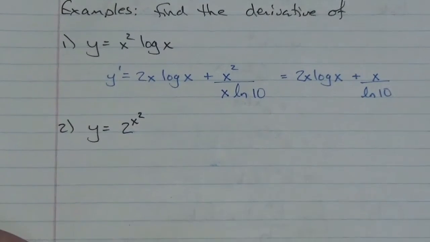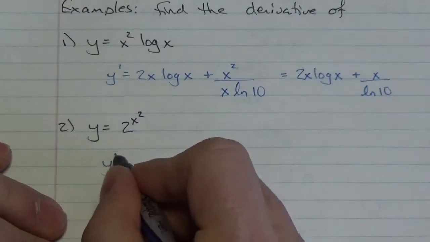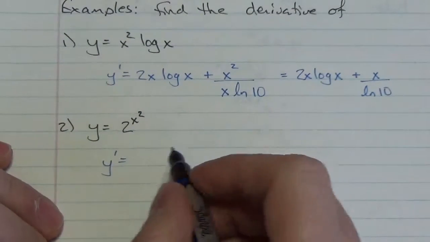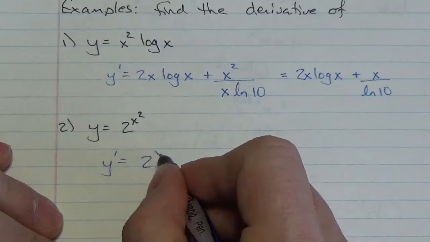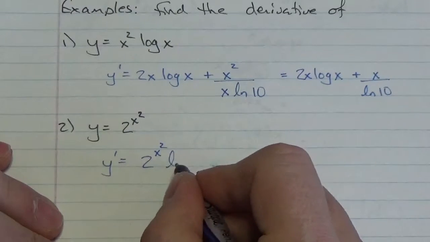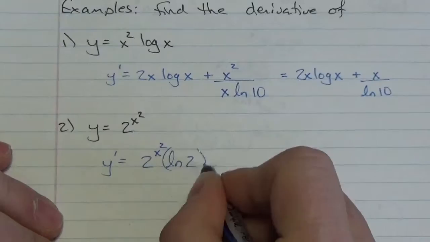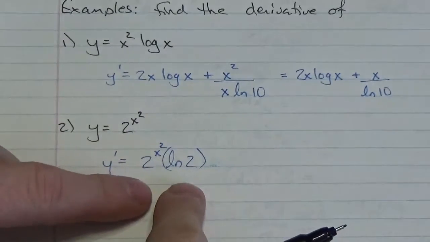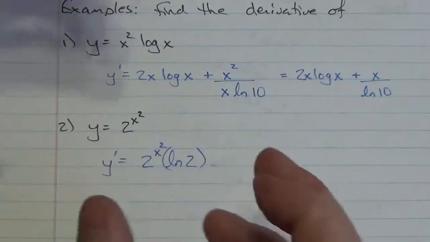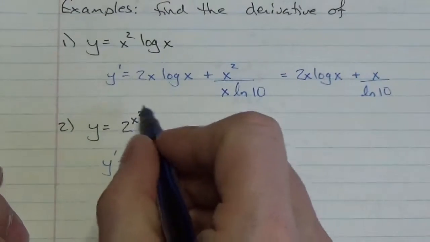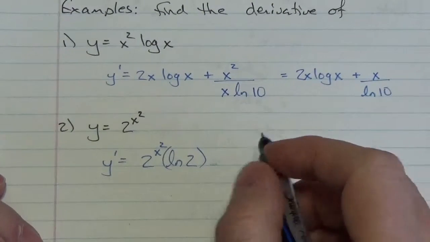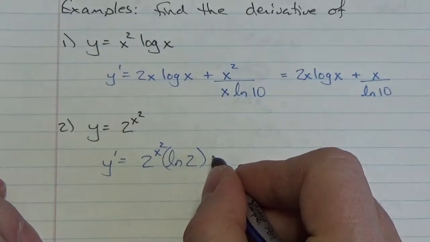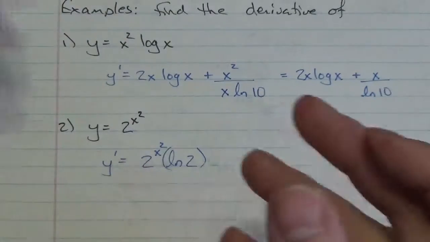Here, for this one right here, similar sort of a pattern. The derivative of my exponential function is going to be the exponential function multiplied by the natural log of the base. Okay, so there's the derivative of the exponential part of this. Now I got to take advantage of that exponent here.